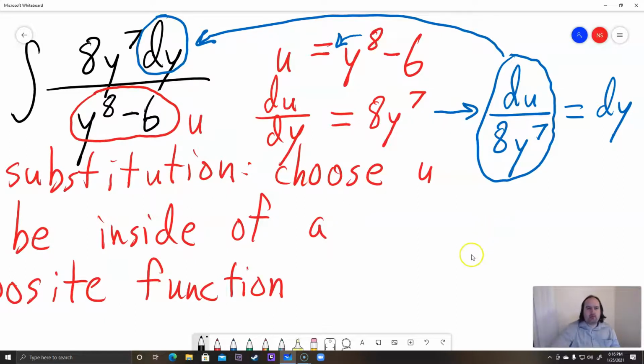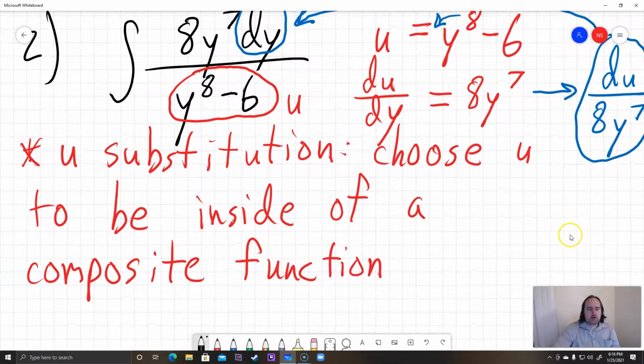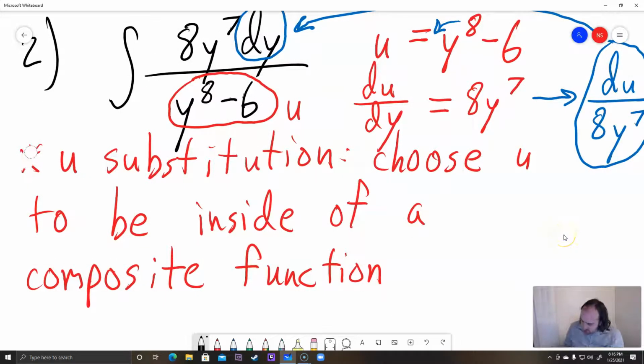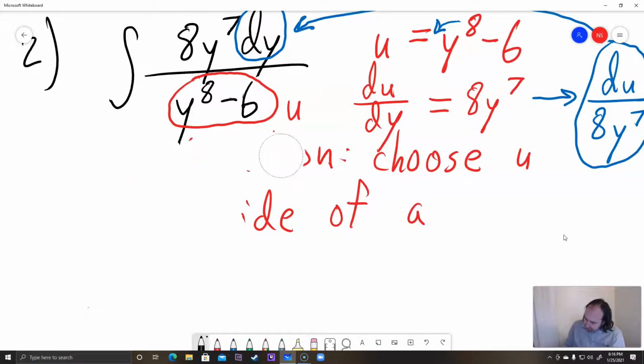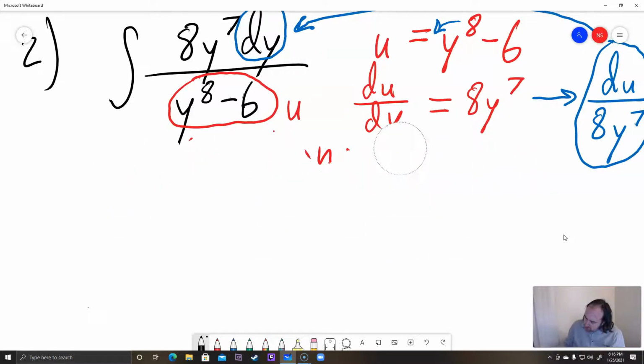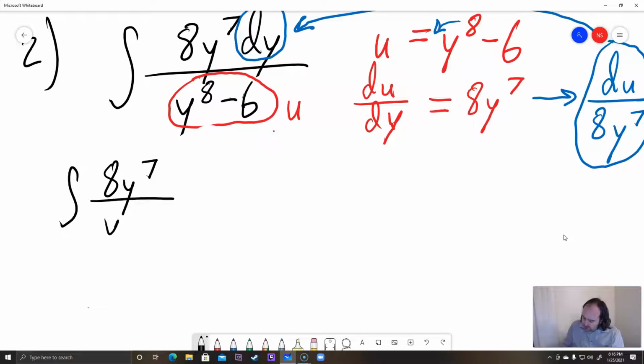I think I'm actually going to erase this real quick so that I have room to write. Okay, so what we've got here is the integral of 8y to the 7th over y to the 8 minus 6 times dy, but we just said that dy is actually du over 8y to the 7th.